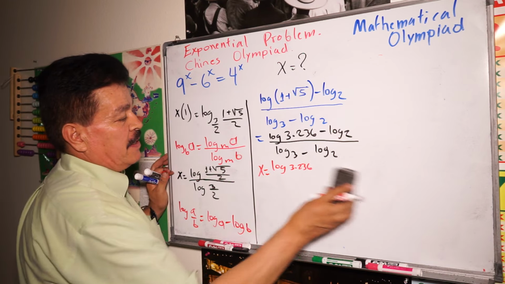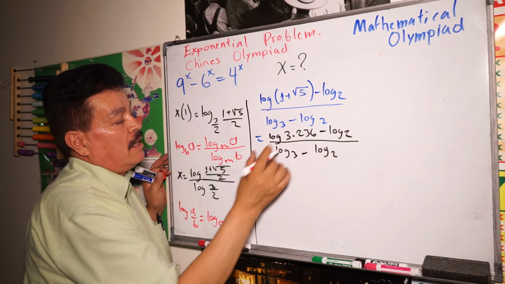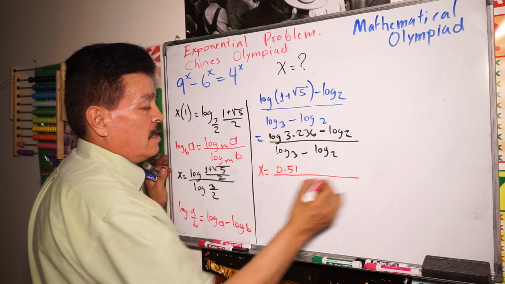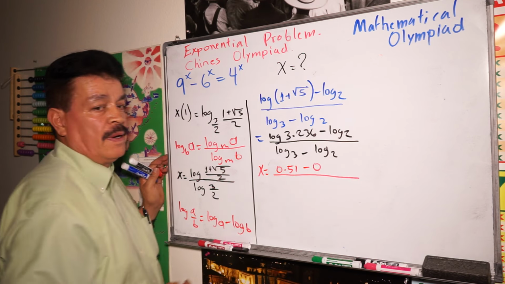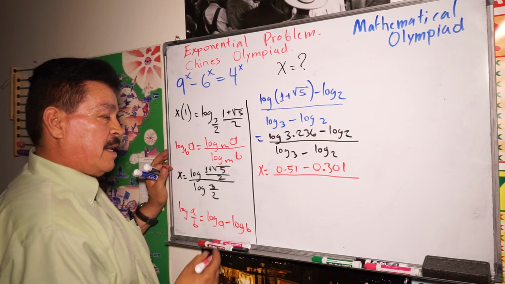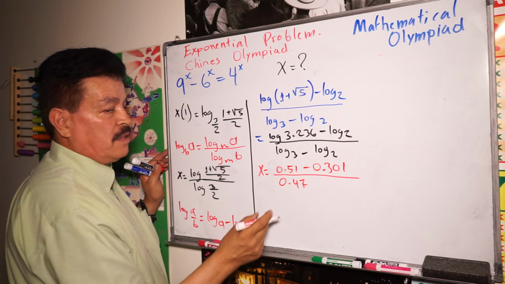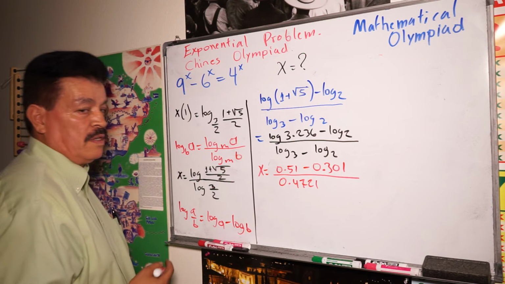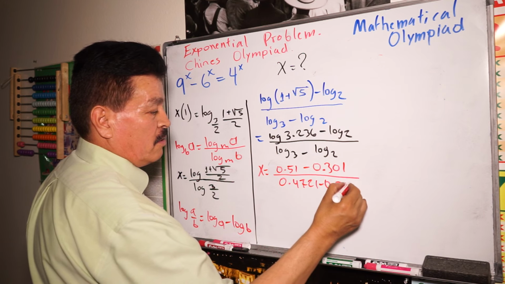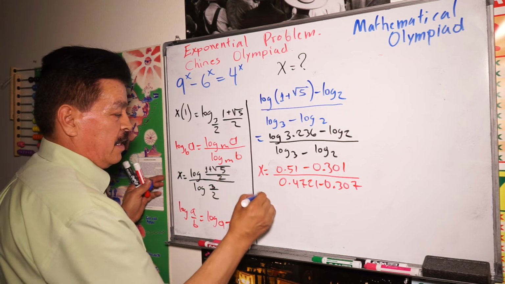No, let's simplify this. So what is log 3.236? It is going to be 0.51 minus 0.0301, divided by 0.47 minus 0.307.